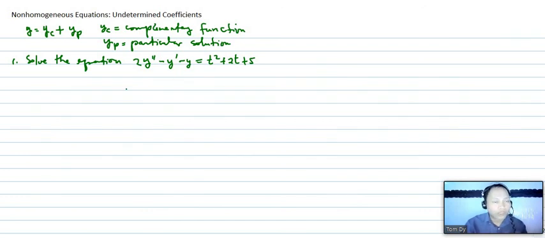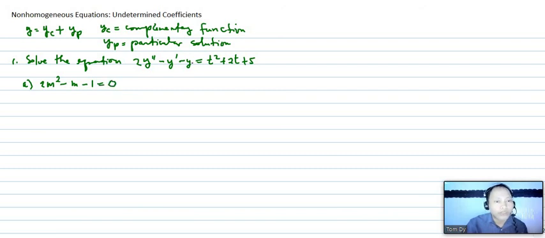Now to solve this equation, we have different steps to follow. Step A: we write the auxiliary equation, so we have 2m squared, that is the second derivative, minus m, that is the first derivative, minus 1, equated to 0.